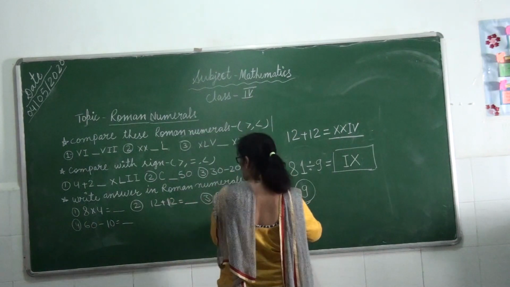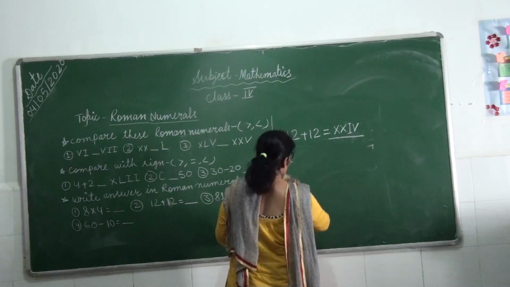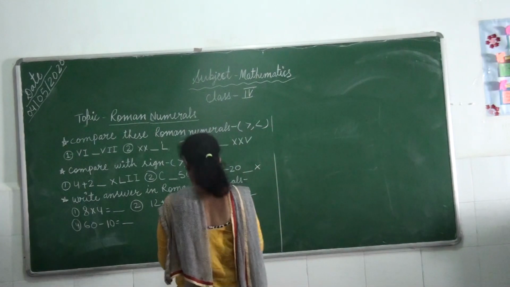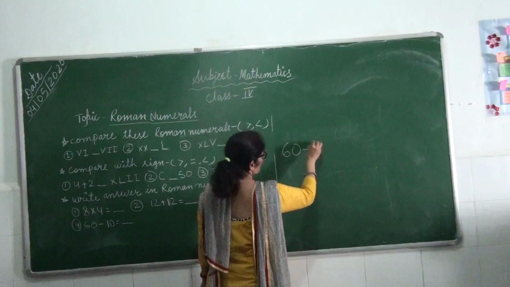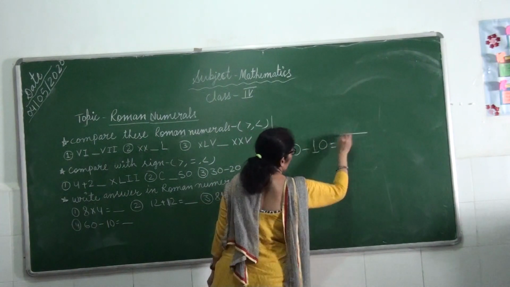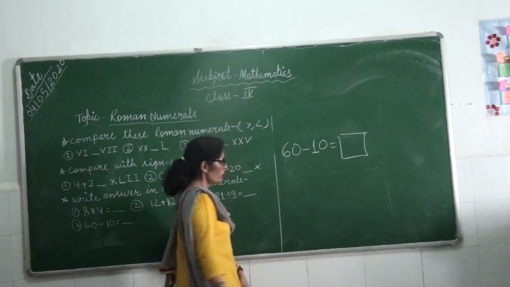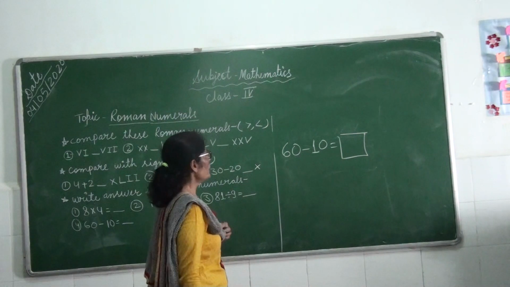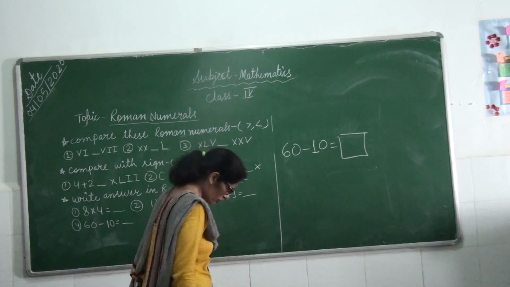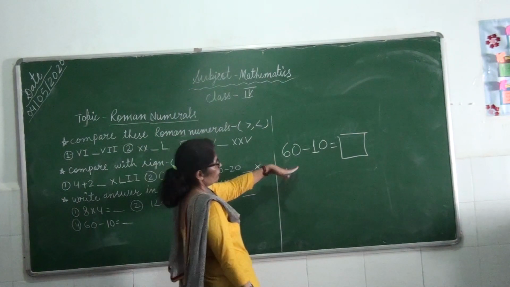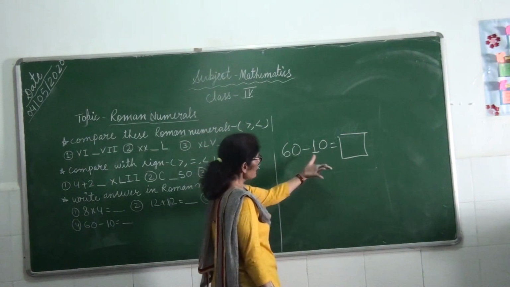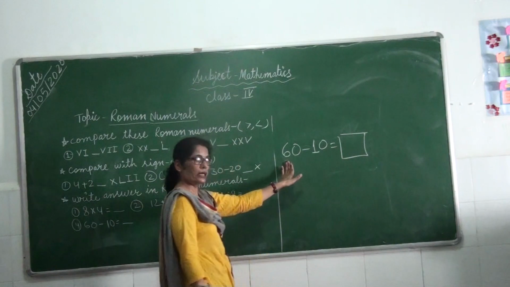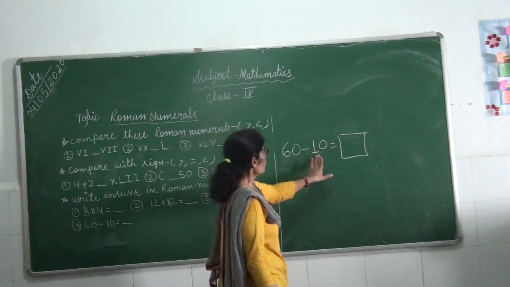Another exercise of subtraction. 60 minus 10. Write the answer in Roman numerals. आपको इनका आंसर Roman numerals में लिखना है. Again, what will you do first? You solve this sum. सबसे पहले आपको क्या करना है? इस sum को solve करना है.